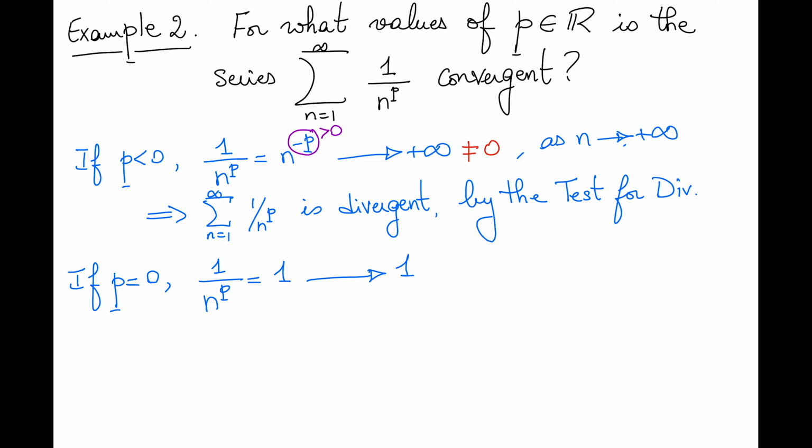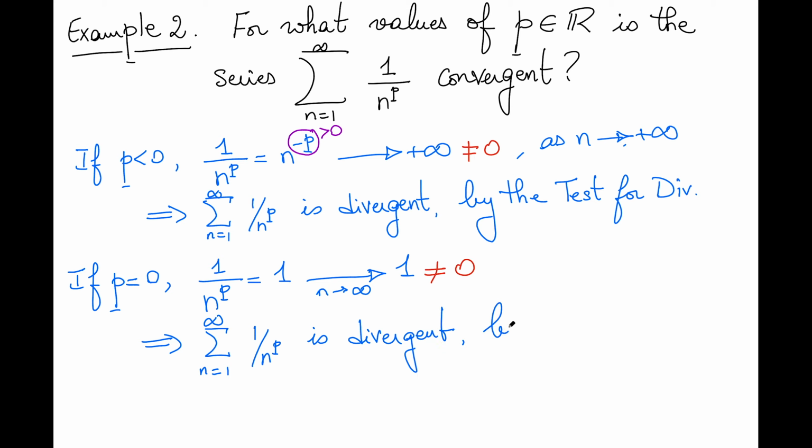This goes to 1 as n goes to infinity, and certainly 1 is not 0. So the same conclusion follows. So that series is also divergent by the test for divergence, because the terms of the series do not go to 0 as n goes to infinity.